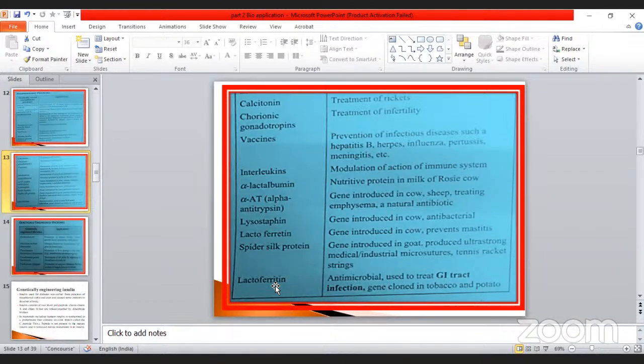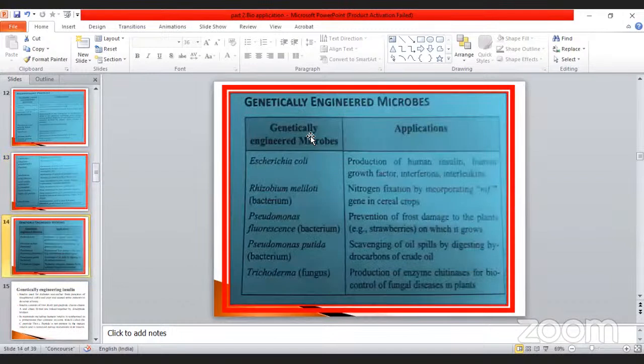Lactoferrin, again, is used for gastrointestinal tract infection. Okay, and then genetically engineered microbes, you know about the five that have been given: E. coli, Rhizobium meliloti, Pseudomonas fluorescens, Pseudomonas putida, and also Trichoderma.